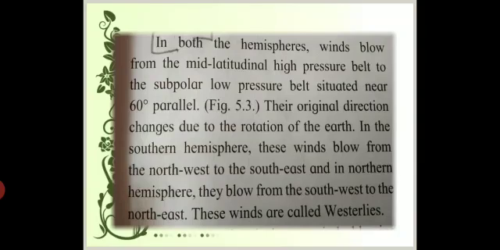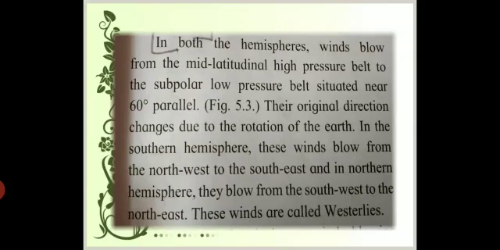Another type of wind is westerlies. Kindly open to page number 23 of your geography textbook, or you can even look at the screen. In both the hemispheres, winds blow from the mid-latitudinal high pressure belt to the subpolar low pressure belt, situated near 60-degree parallel.